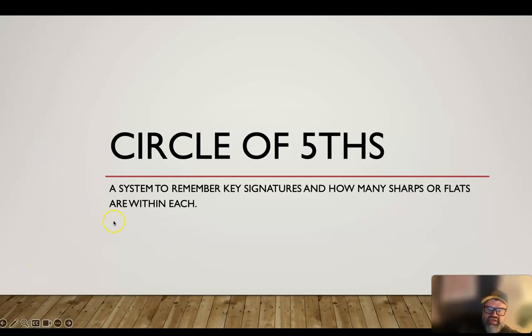This is a presentation about the circle of fifths, which we've been referencing slowly over the last couple of lessons, but it's really just important for you to try and recognize its use more than anything else.